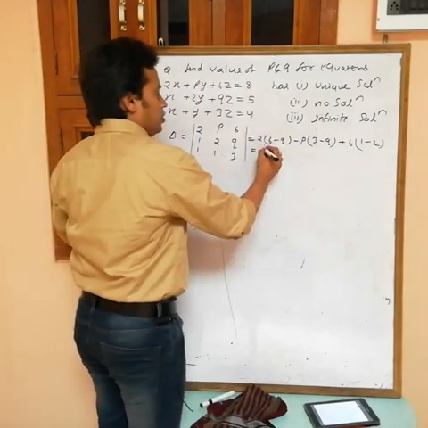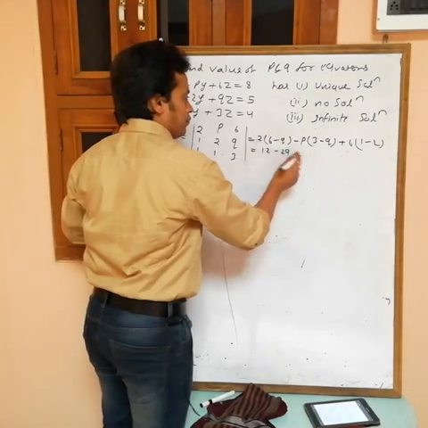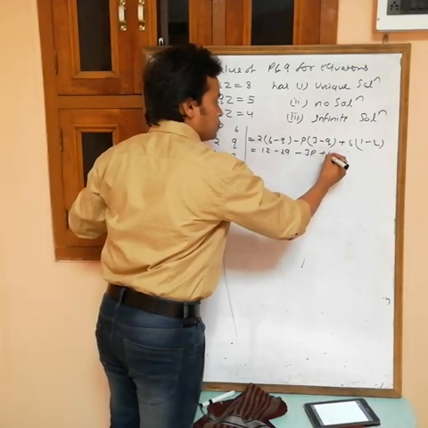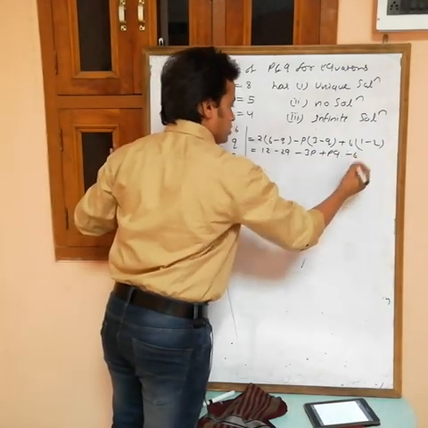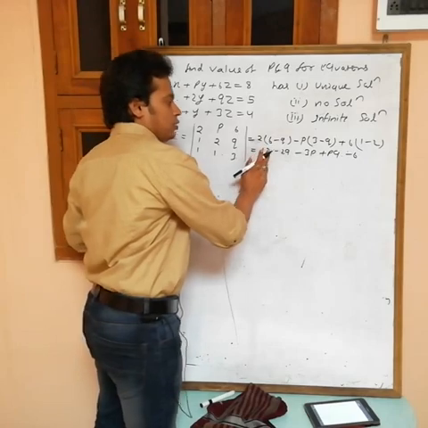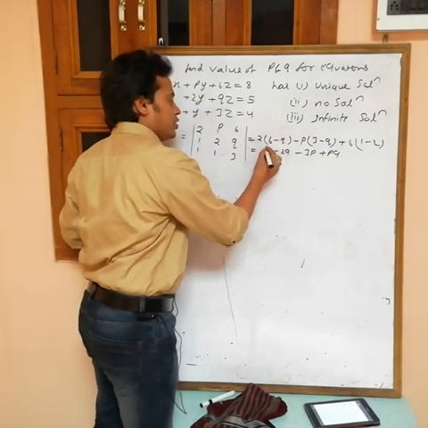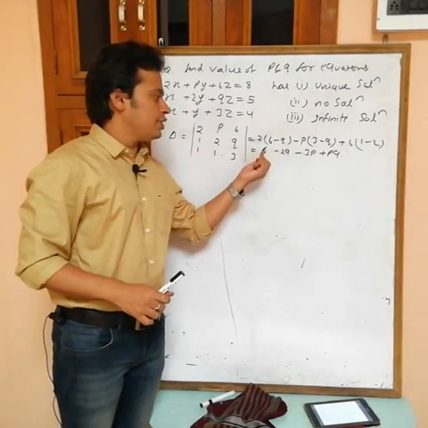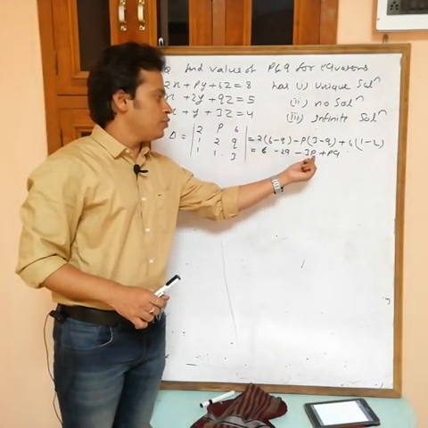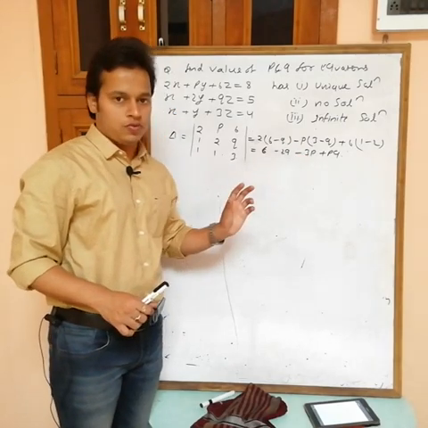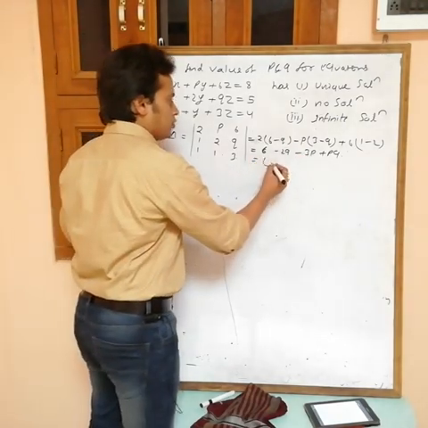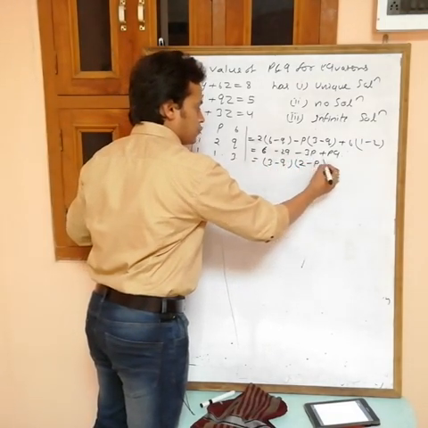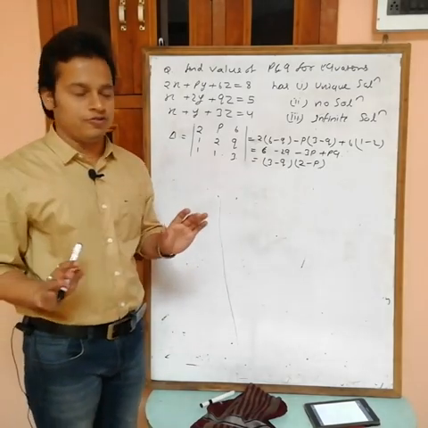Now if you solve this, you will get 12 minus 2q minus 3p plus pq minus 6. In this one you can take common 2, then 3 minus q. In this one you can take common minus p, then 3 minus q. Then you will get 3 minus q into 2 minus p. This is the value of del.